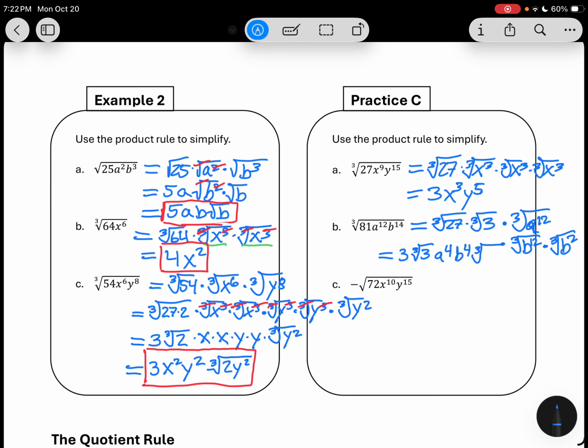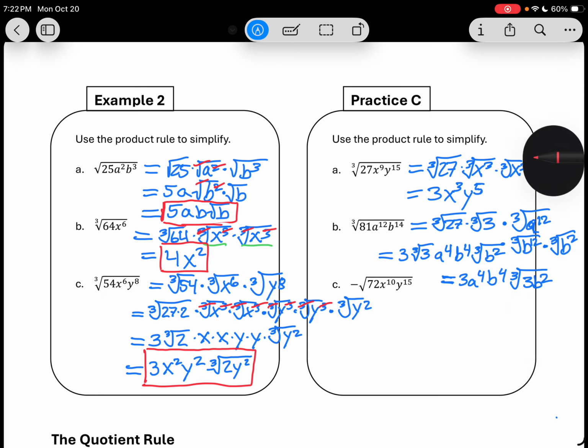So we'll write it as b squared inside there. And then as we did on letter C on example 2, anything that is still inside a root, let's put it all inside the same root. So cube root of 3b squared.